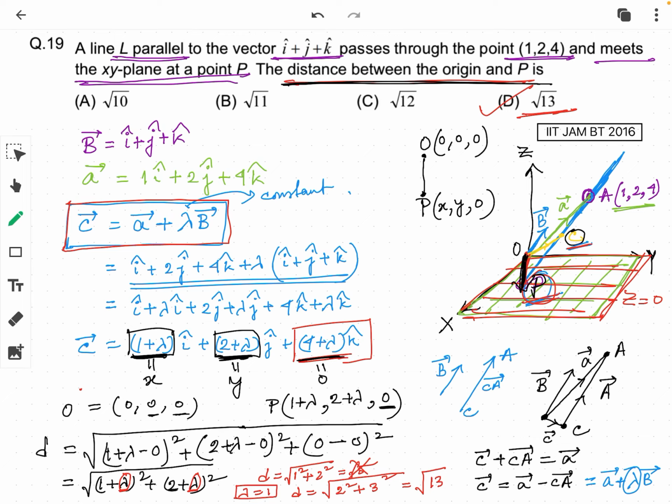To find the equation of one line, we need to use the position vector of the given point and the given parallel vector. So this was all for the solution.